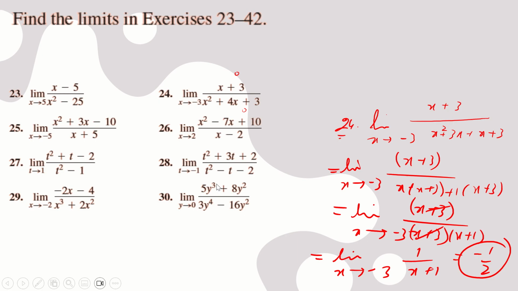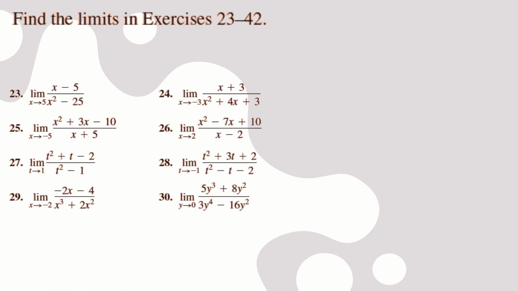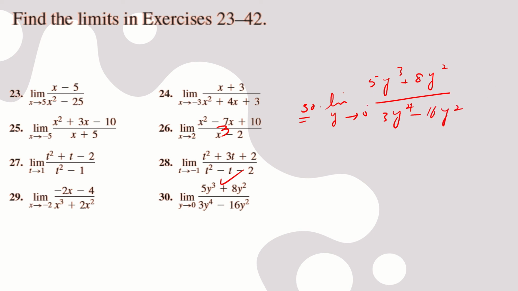Okay, so same thing in question 25, 26 and so on. Let me do question number 30. Here we have limit y goes to 0 of 5y cube plus 8y square divided by 3y power 4 minus 16y square. If you put y equal to 0, we are getting 0 by 0.